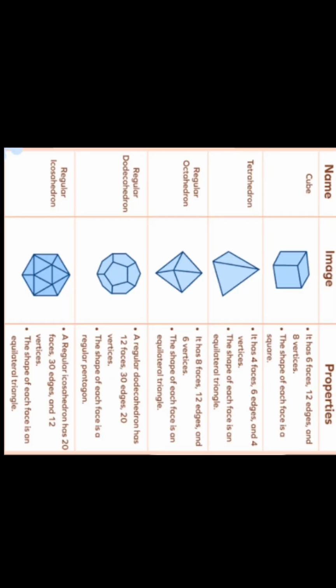So that is the final answer. And this is an example of a shape of a polyhedron, and the properties are that we already know the faces, edges, and vertices of each shape of the polyhedrons.